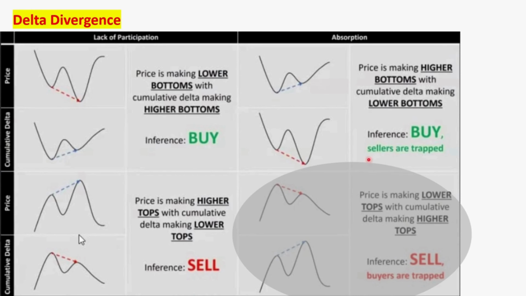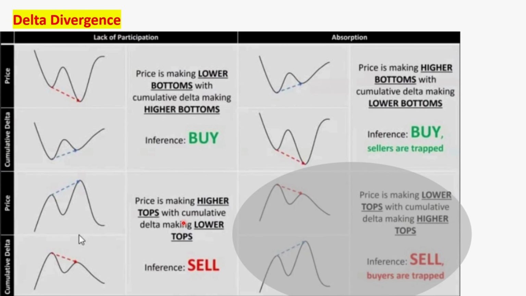Previously, we have seen a classic example of the 4th type, where price makes lower tops or stays at the same level, while the cumulative delta makes higher tops, indicating that buyers are getting trapped. While we focus on this absorption example, it's important to note that the other types of divergence also exist, and we have not gone through each of them in detail here.